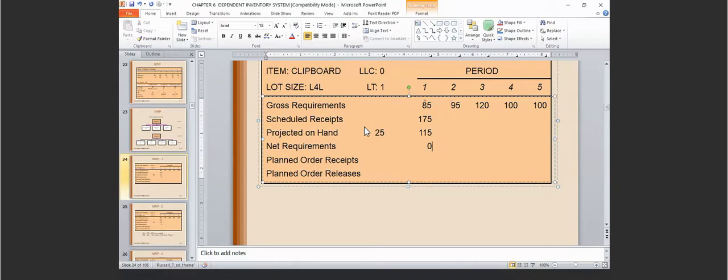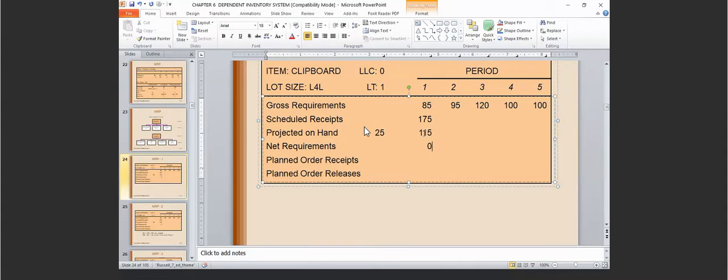Next, we move to period 2. The gross requirement in period 2 is 95, and we have inventory on hand of 115, and there is no scheduled receipt in period 2.